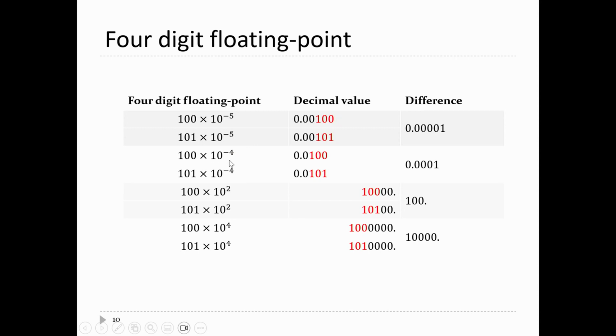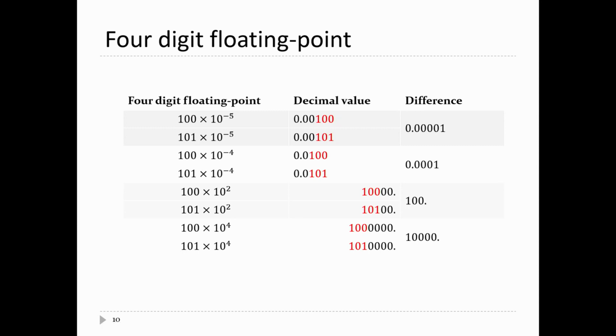The smallest number that I can represent using the exponent minus 4 is 100 times 10 to the minus 4, which is 0.01. The next larger number that I can represent using an exponent minus 4 is 101 times 10 to the minus 4. So now the difference between those two numbers is 1 times 10 to the minus 4.